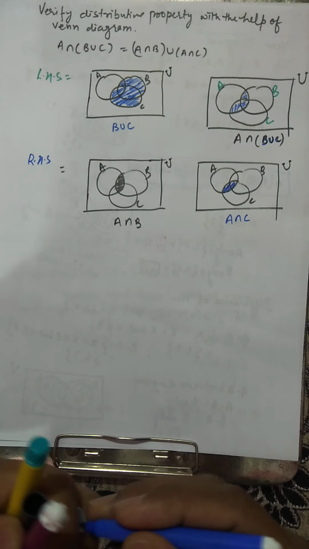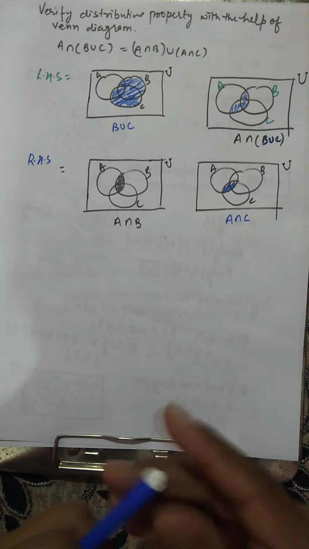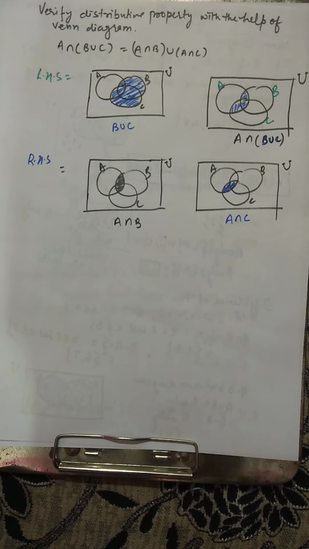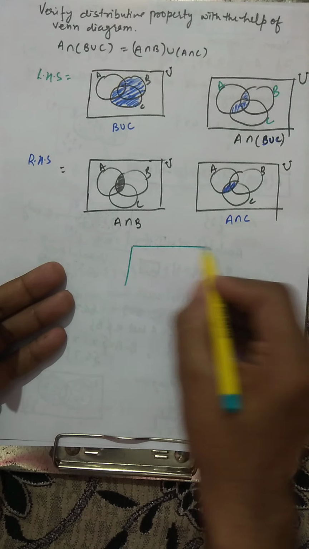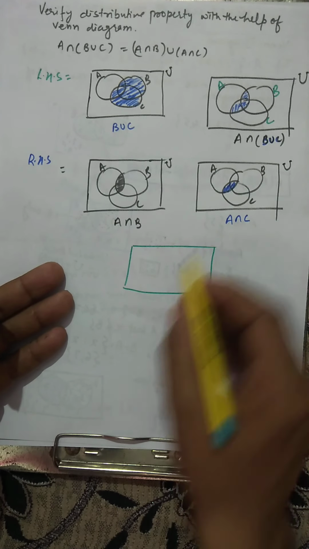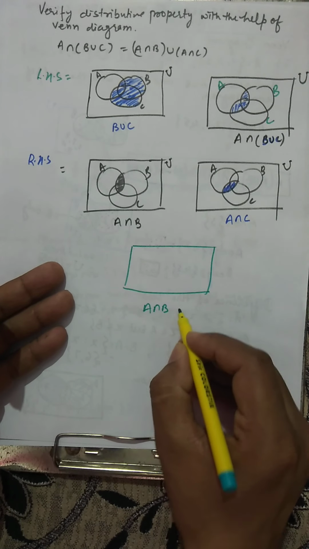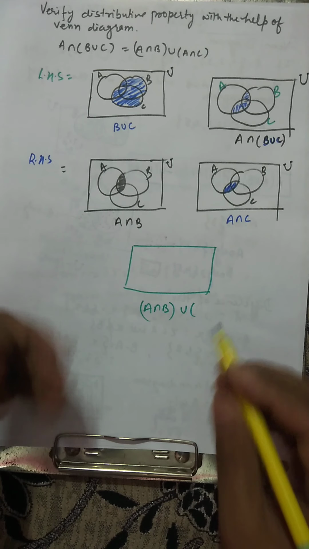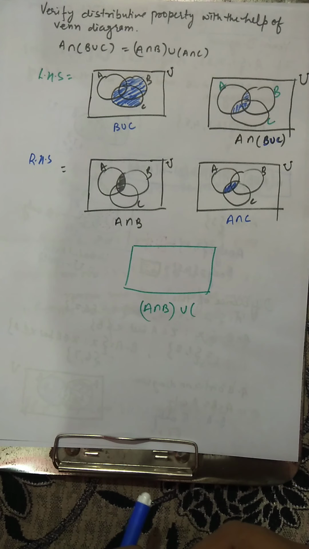Now in RHS there are 3 steps. So the final step will be in which I'll take the union of these two. So A intersection B union A intersection C.